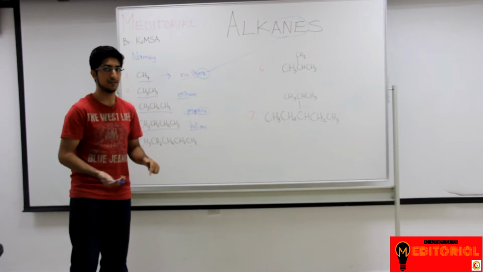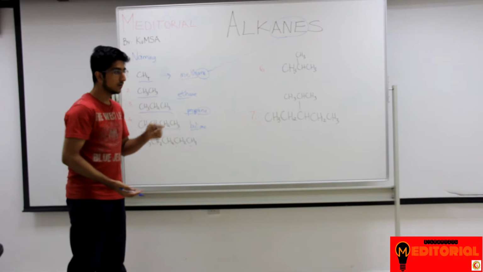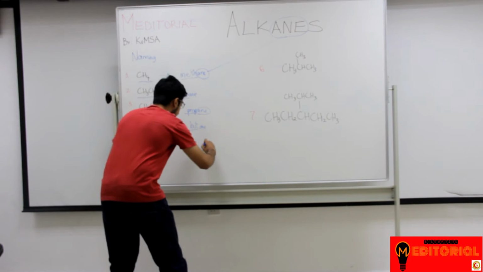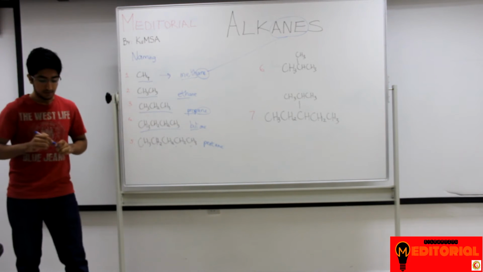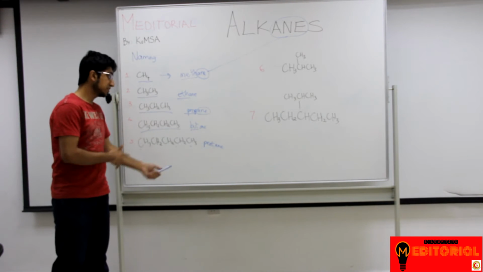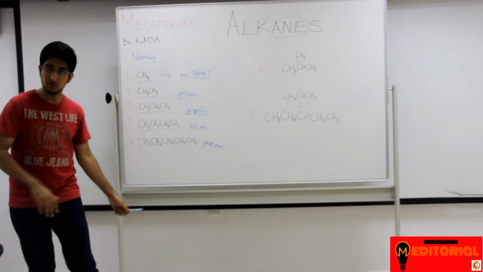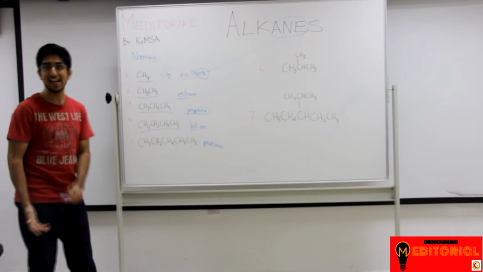So 5 is pent, like pentagon, a 5-sided shape. So this must be pent, and what does it end with? Ane. So pentane. Let's write that down. Pentane. And you can guess that the next one's going to be called hexane, heptane, octane, and so on and so on. Now these are all straight chain alkanes.